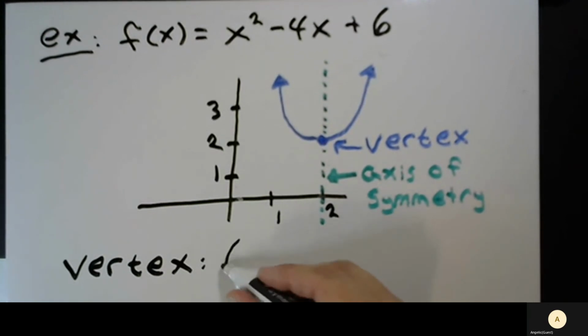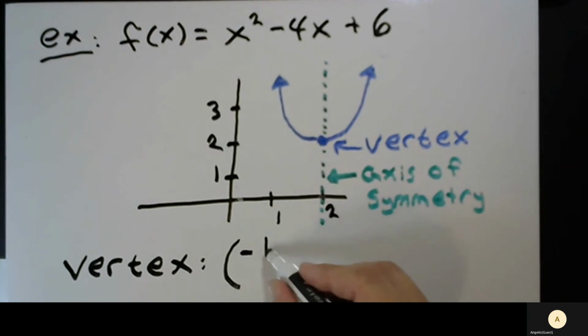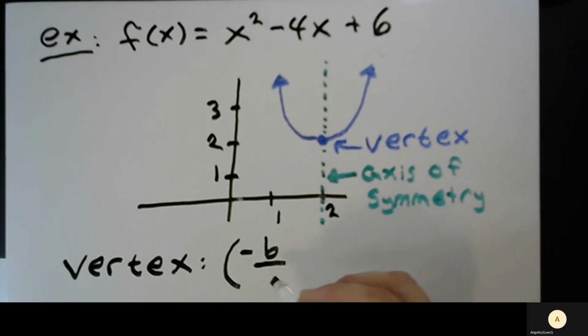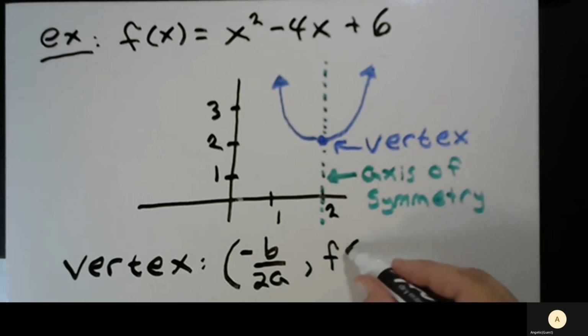Now again, the vertex is a point on the XY plane, or rectangular plane. But this is the location of that vertex.